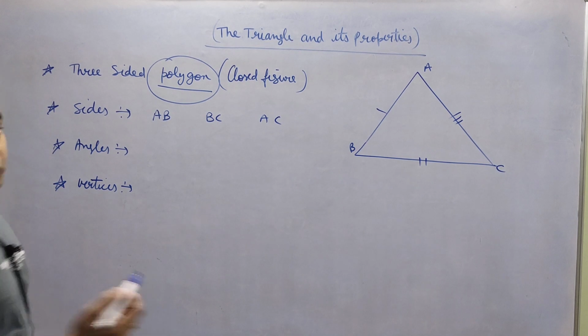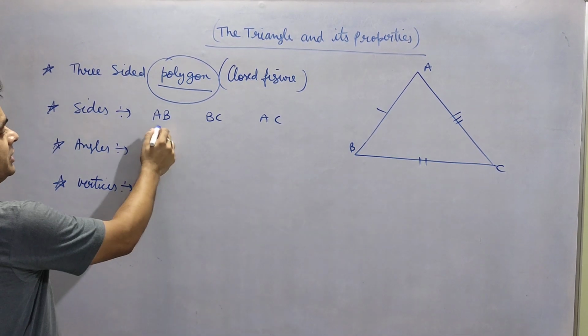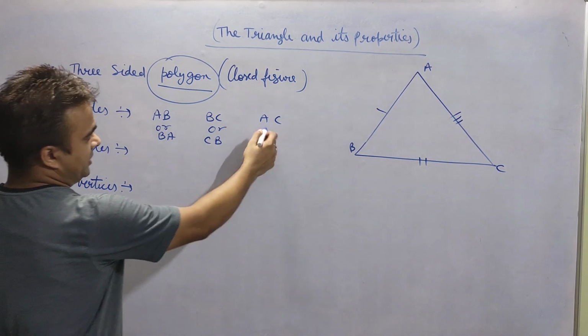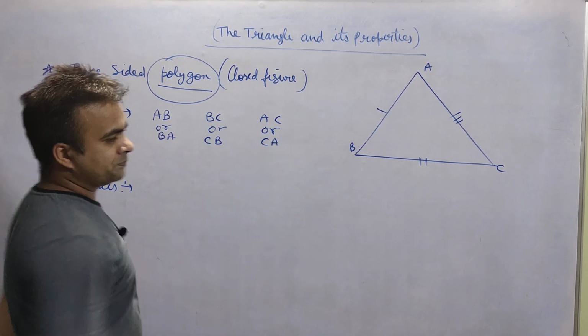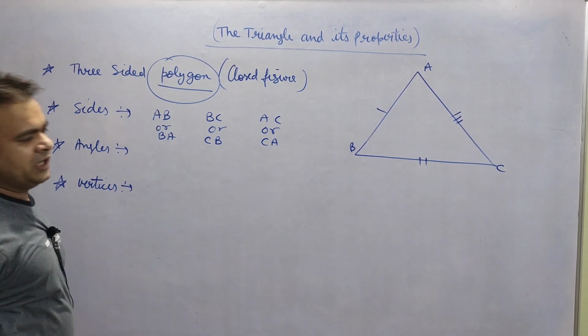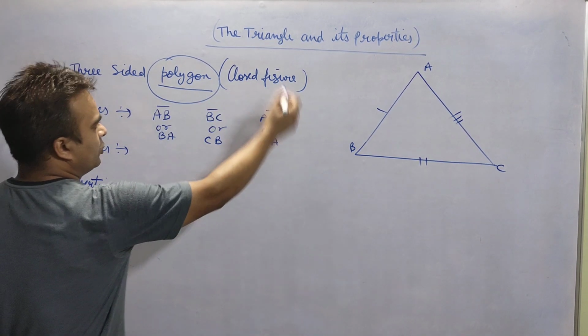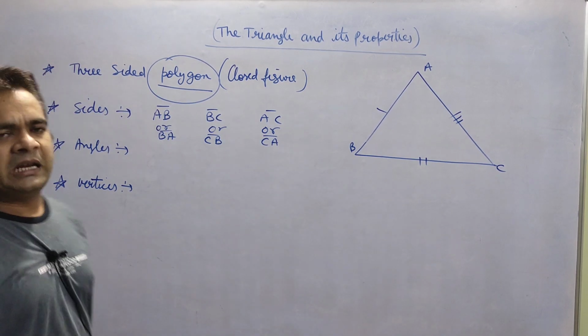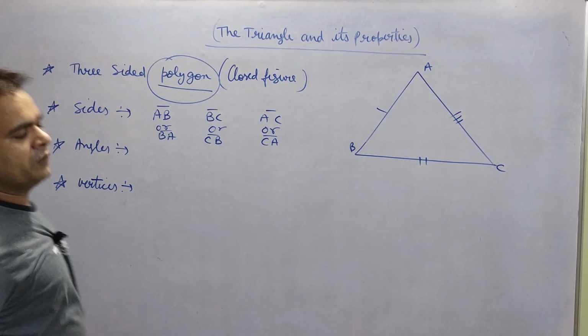Some students can understand AB can be written as BA also, BC can be written as CB, and AC can be written as CA. So it means if you are representing the sides, you can put a line over it, so that you can understand it is a line segment, because it is a part of a line.